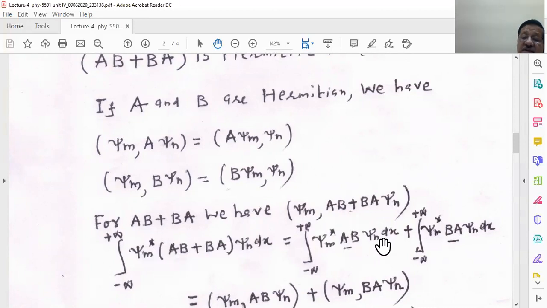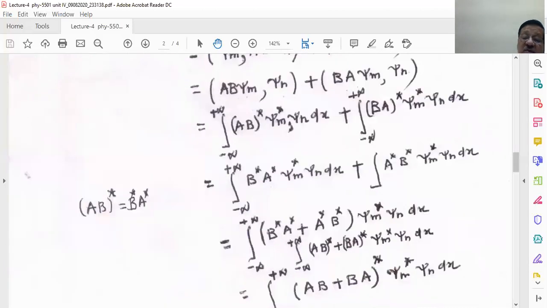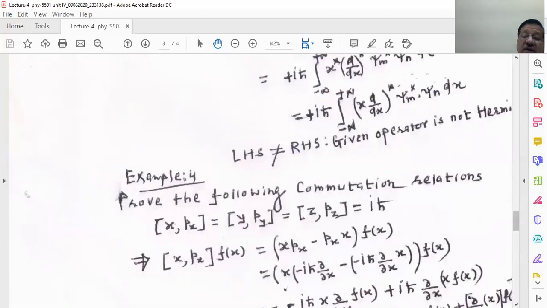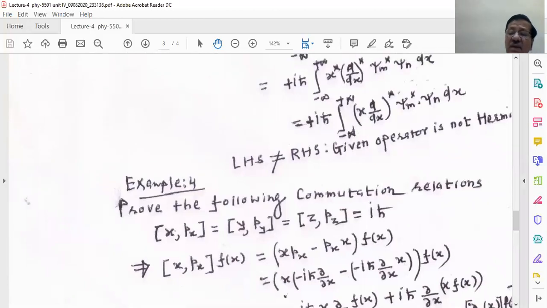This is a scalar product, and this is also a scalar product. So this scalar product I write down in bracket notation. So first integration I write in bracket notation.